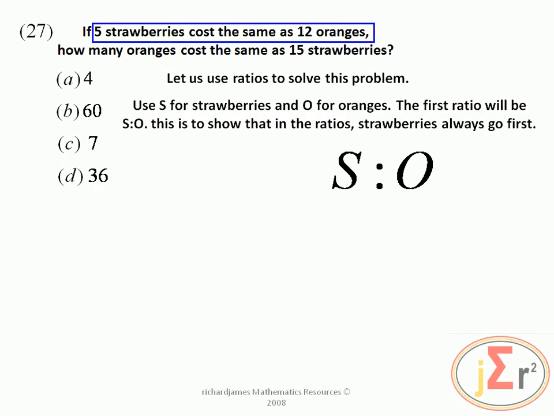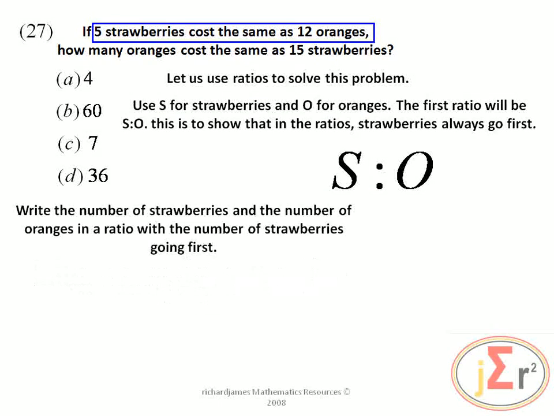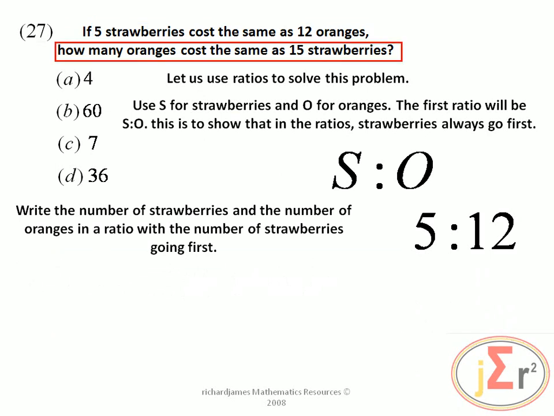So 5 strawberries cost the same as 12 oranges, so strawberry will go first. Write the number of strawberries and the number of oranges in a ratio, with the number of strawberries going first. 5 to 12. How many oranges cost the same as 5 strawberries?